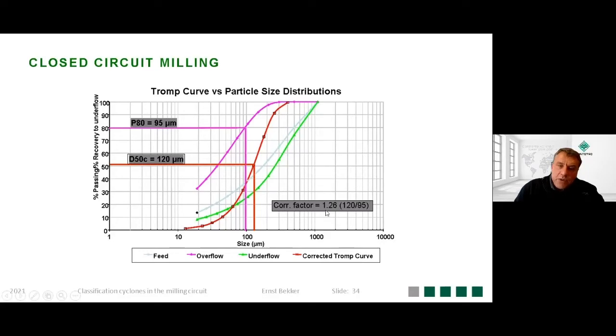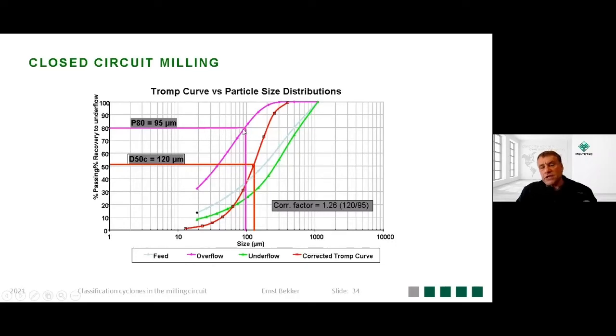The second reason for showing you this is that there is a relationship between the overflow and the cut point, this correction factor. And if you are looking at a cyclone to produce a different overflow size distribution, so you want a cyclone to have a finer cut point, as soon as you move this cut point, this overflow size distribution needs to move as well.